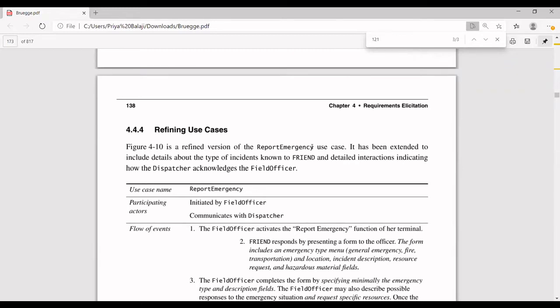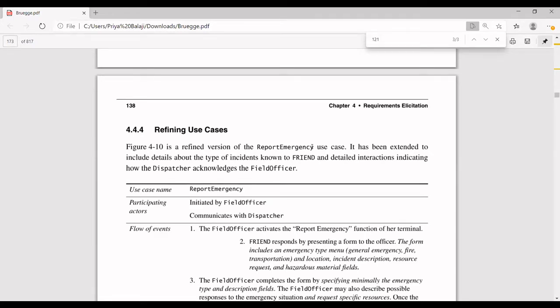Once you get the requirements, the first step is to find out who the external entities are that are going to use your system, which is called identifying actors. Once you have identified the actors, you have finalized who is going to use the project. Second, you have to find out the scenarios.